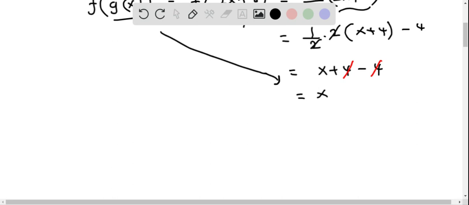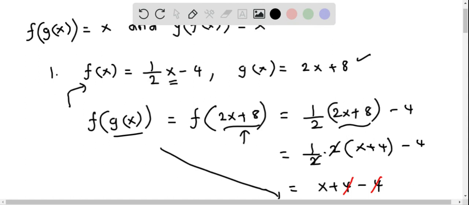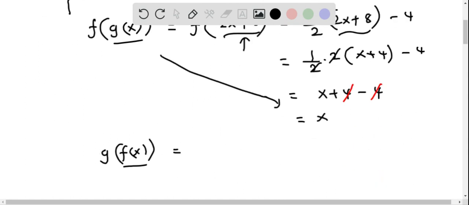Now let's find g of f of x. First we have to replace the f of x by the expression half of x minus 4. So therefore this becomes g of half x minus 4.